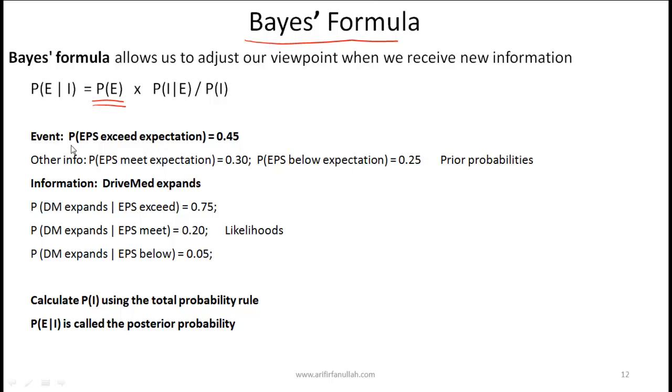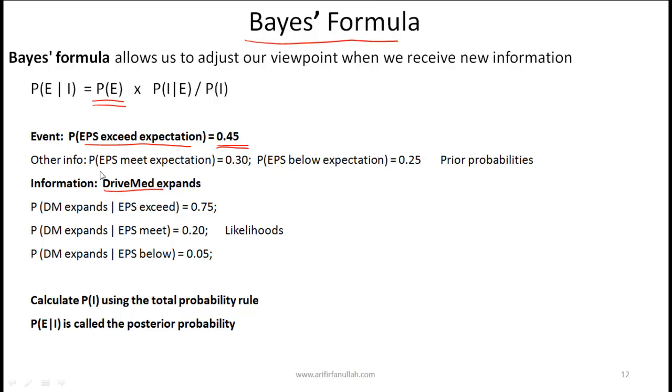So let's say that you are tracking a company called DriveMed, and they are going to announce their earnings per share next week, and there are certain expectations about EPS, and you think that the probability that earnings per share will exceed expectations is 0.45 based on your research and your knowledge of the company and the industry.